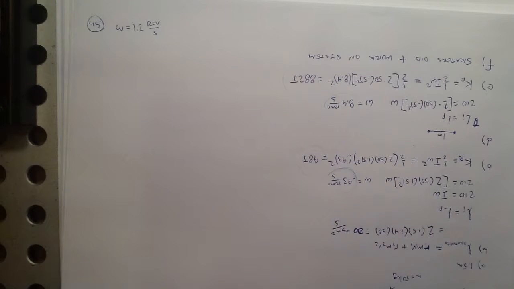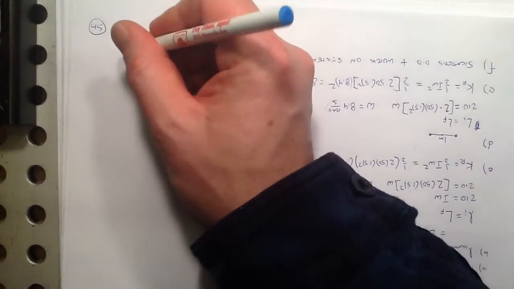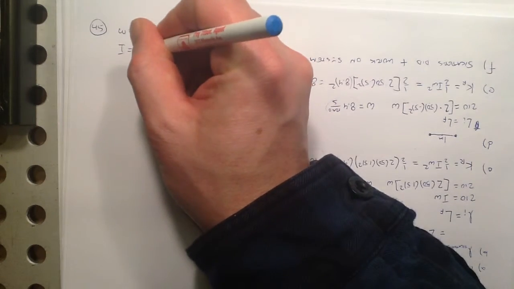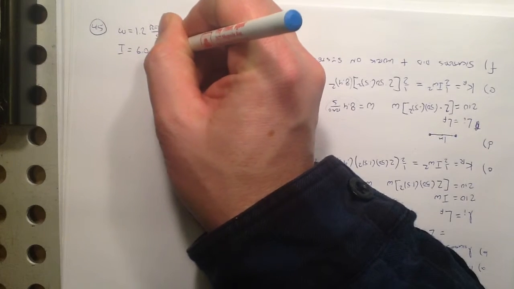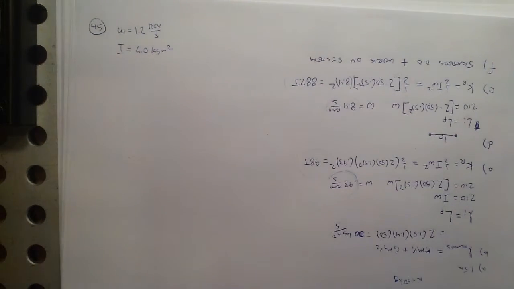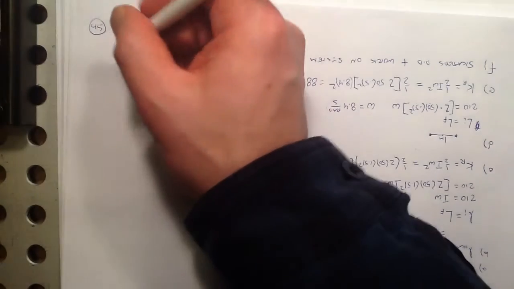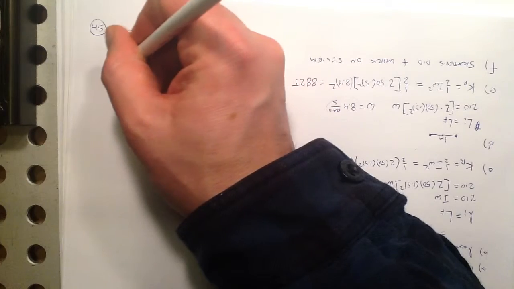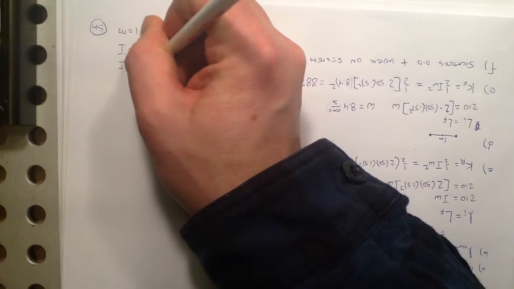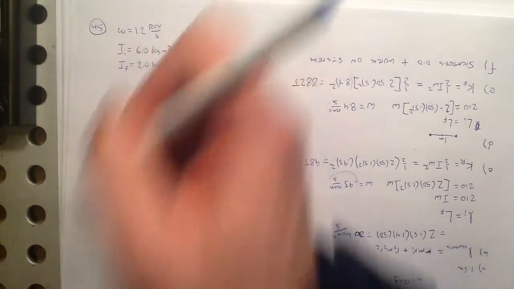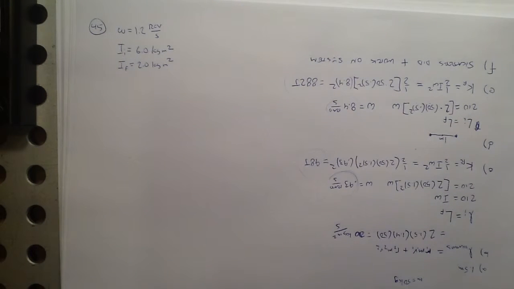The rotational inertia of the system of the man, bricks, and platform about the central vertical axis is 6 kilogram meters squared. If by moving the bricks the man decreases the rotational inertia of the system to 2 kilogram meters squared, what are the resulting angular speed of the platform and the ratio of the new kinetic energy of the system to the original kinetic energy, and what source provided the added kinetic energy?